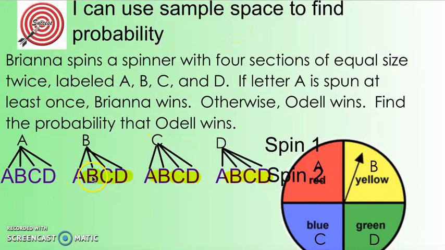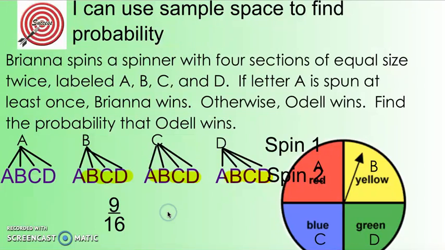She could win, count them up, 1, 2, 3, 4, 5, 6, 7, 8, 9 times out of how many total possibilities? We'll just count up the bottom ones. 4, 8, 12, 16. There are 16 possibilities. So she could win 9 out of 16 times. So how many times could Brianna win?